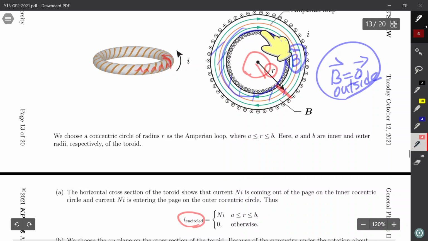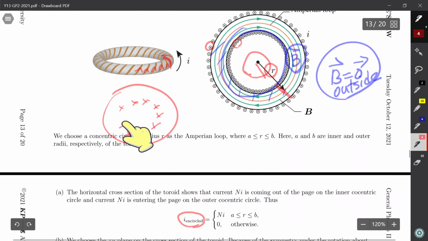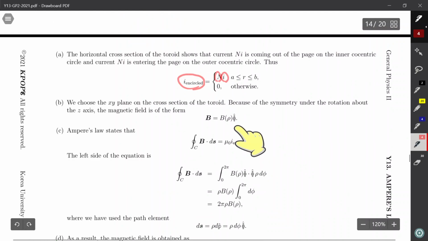Here, current is flowing in this way. So inside is into the page, out of the page. Anyway, into the page. So if I have an Ampere loop of radius r, we have these currents. These currents are the number of turns multiplied by the single current. Again, the Amperian loop with radius rho has a magnetic field whose direction is tangential.